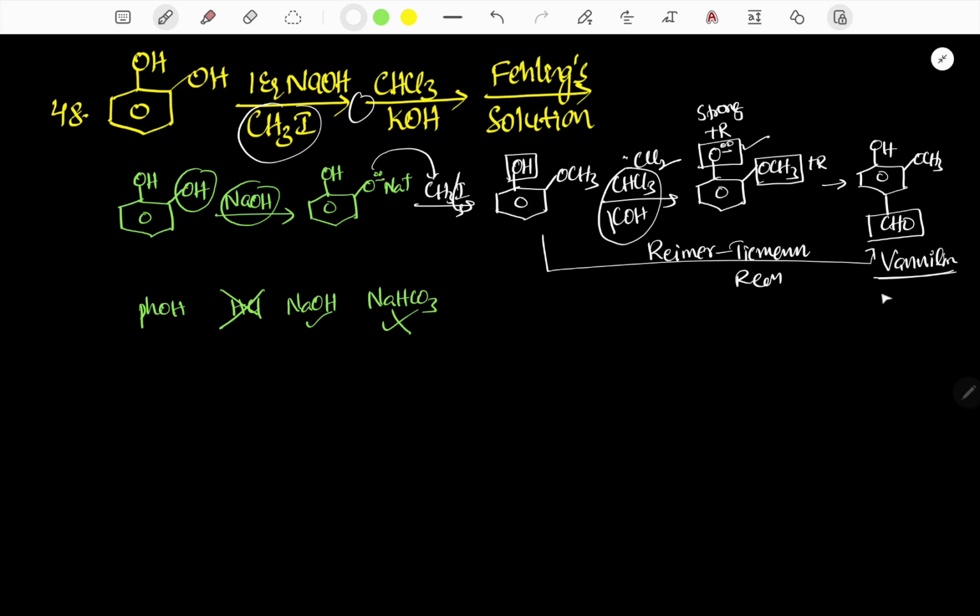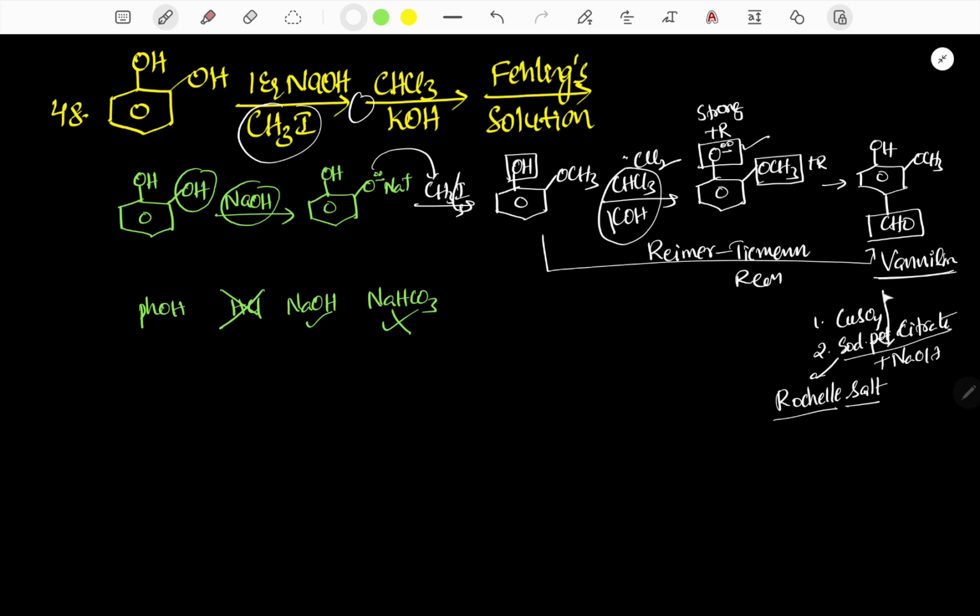Vanillin. Now it is treated with Fehling solution, CuSO4, sodium potassium citrate plus base NaOH, and the sodium potassium tartrate is also known as Rochelle salt.